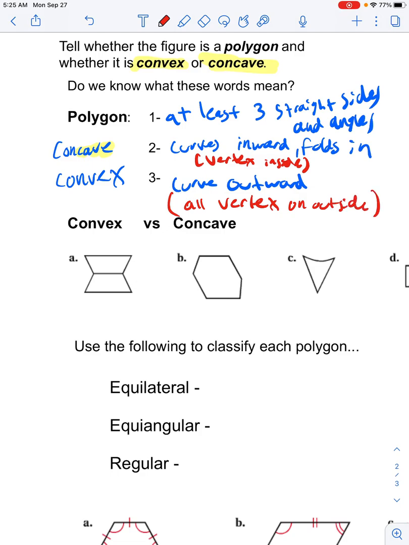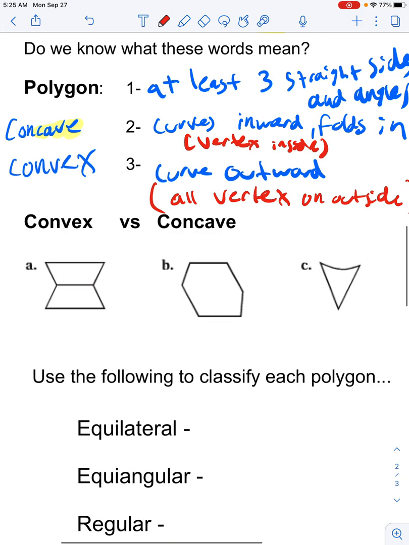I think these ones are easiest to do when you look at an example. So I'm going to extend my lines in every direction. And I can see that right here, if I extend my lines, they intersect at a point inside of my shape. There are 2 points. So we are going to call this first one concave because it's folding in on itself.